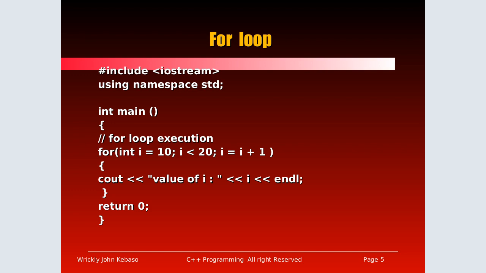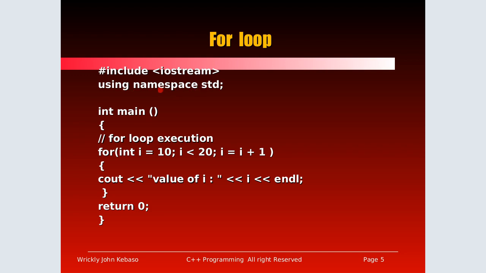The second statement is called using namespace std. STD means standard. Using namespace standard. Now, this is a link associated with this header file, and the location where you will find it is called namespace standard.